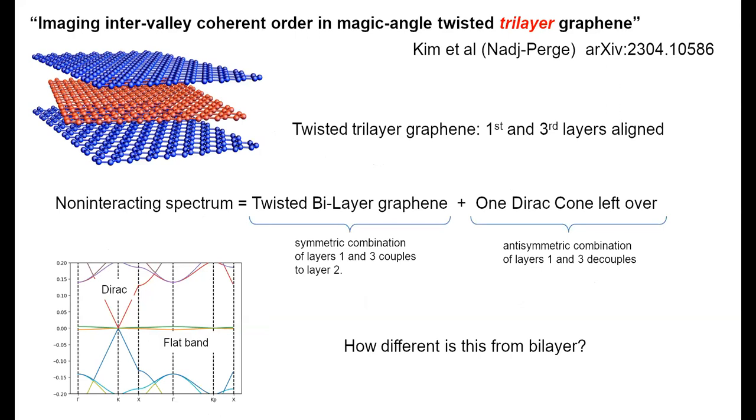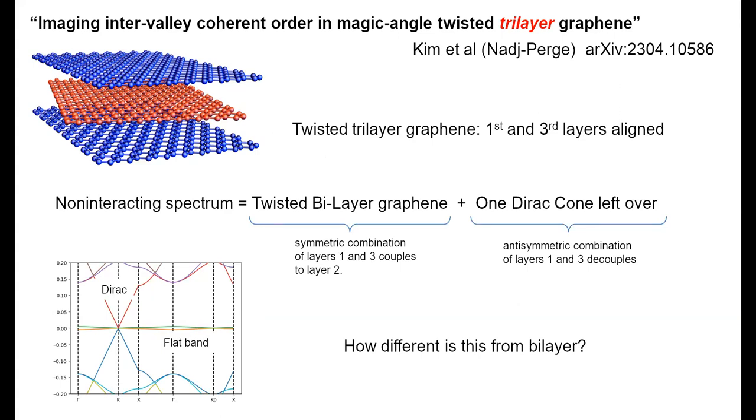Trilayer. So just a few weeks after Ali Yazdani's experiment, the Caltech group with Stevan Nadj-Perge announced that they had seen IKS order in trilayer graphene. This is the case that we probably spoke about this morning, where the first and third layers are aligned with each other, and the middle layer is rotated to 1.54 degrees instead of 1.1 degrees.